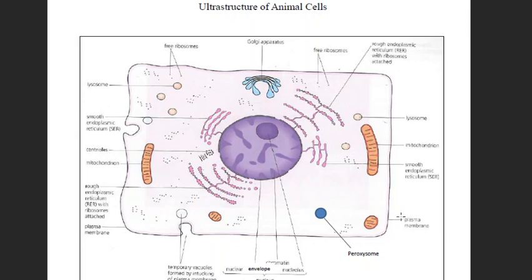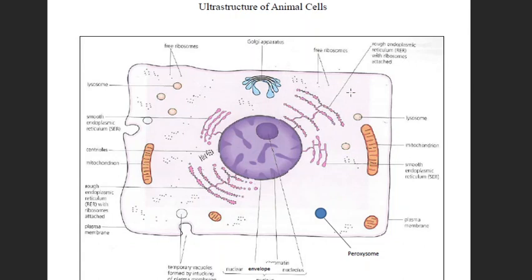Now next to the plasma membrane, this particular area we can see is the cytoplasm. This cytoplasm contains several organelles that we can see here. It has peroxisomes, mitochondria, endoplasmic reticulum, Golgi apparatus, free ribosomes, lysosomes, centrioles, etc. What this cytoplasm does is help in the movement of molecules and organelles within and outside the cell.